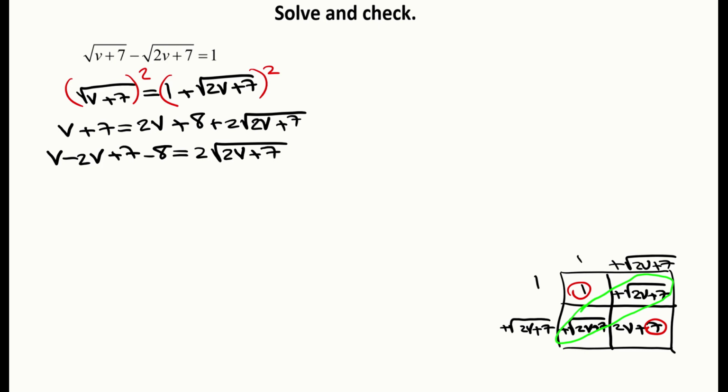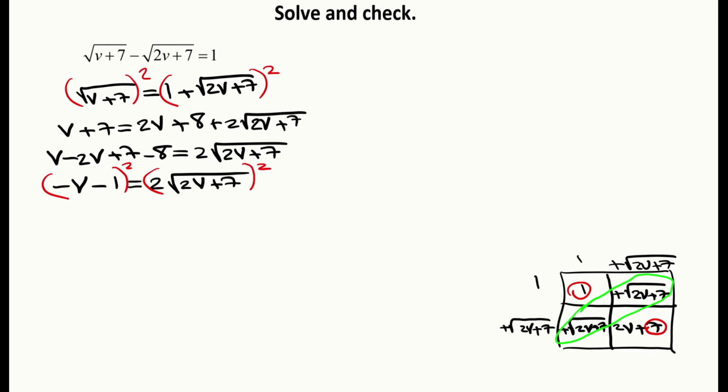So now on the left side, we have negative v minus 1. On the right side, we have 2 radical 2v plus 7. As you noticed, we're ready to go ahead and square both sides again.